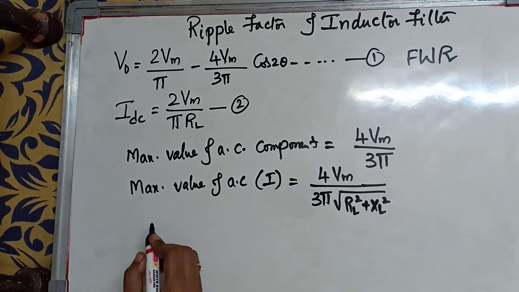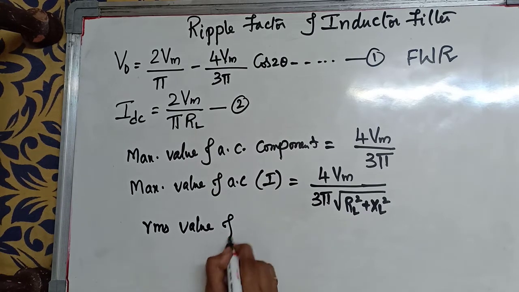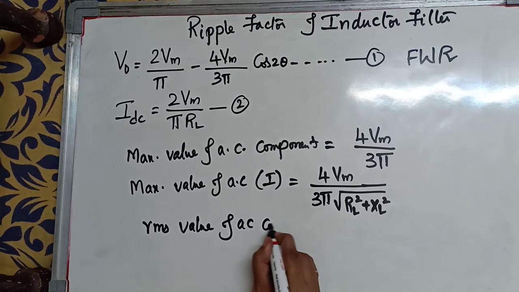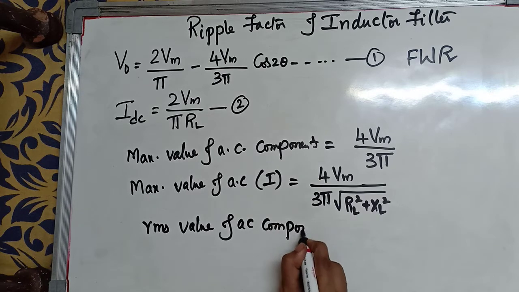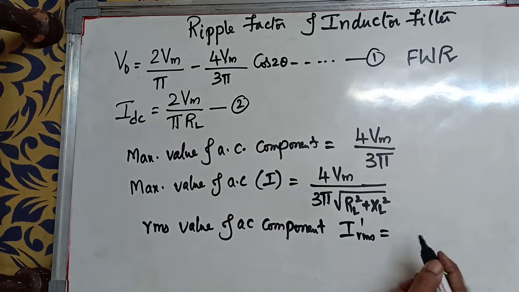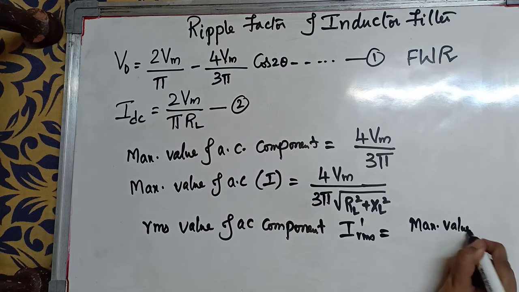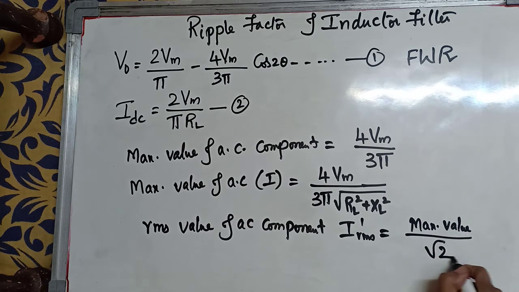Now next I will write the RMS value of the AC component of current. If I denote the RMS value with IRMS dash, we can write the RMS value as the maximum value divided by root 2, or 1 by root 2 times the maximum value will give you the RMS value of current.